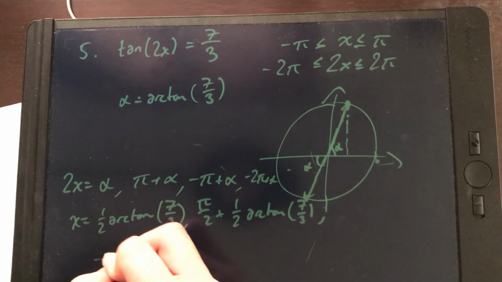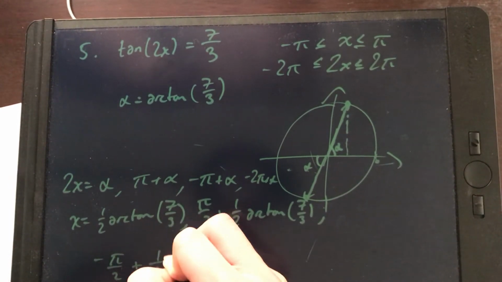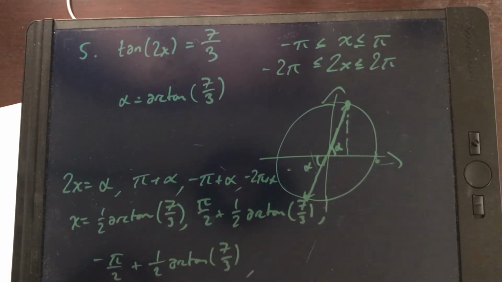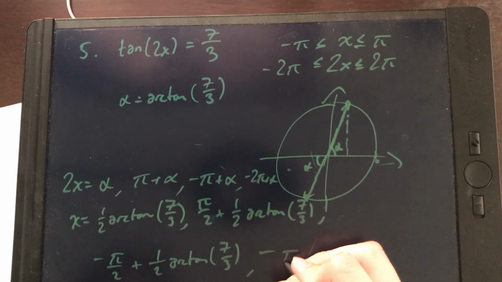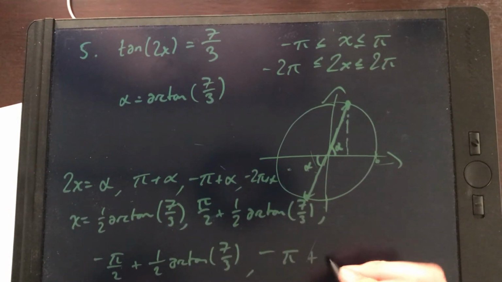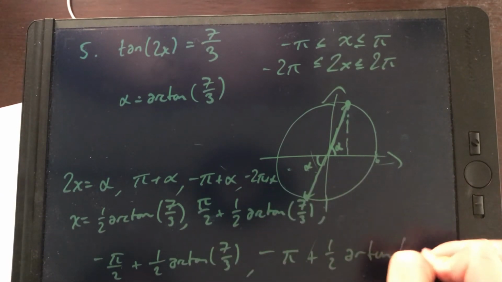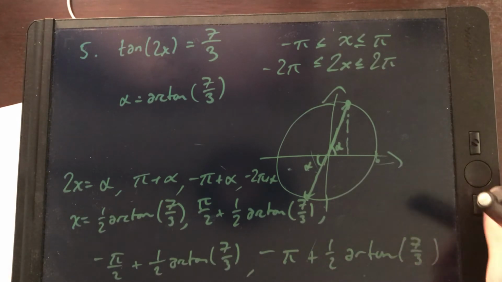Here we have negative pi over 2 plus 1/2 inverse tangent 7/3. And last of all, we have negative pi plus 1/2 inverse tangent 7/3. So I hope you got a good look at that. We'll be moving on to the next question shortly.